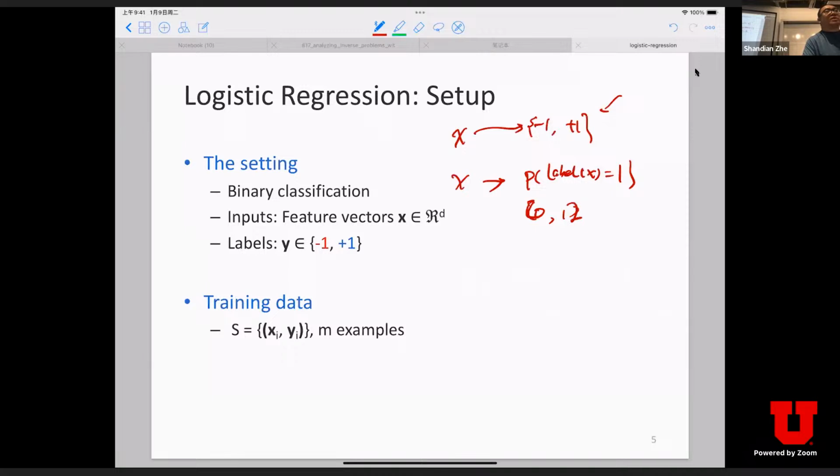We want to learn a probabilistic concept rather than just a discrete classifier. But our data is the same. We still assume we have a d-dimensional input feature vector, and our training labels are binary, either -1 or 1. Suppose we have a training data set S, which contains m pairs of feature vectors and binary labels.